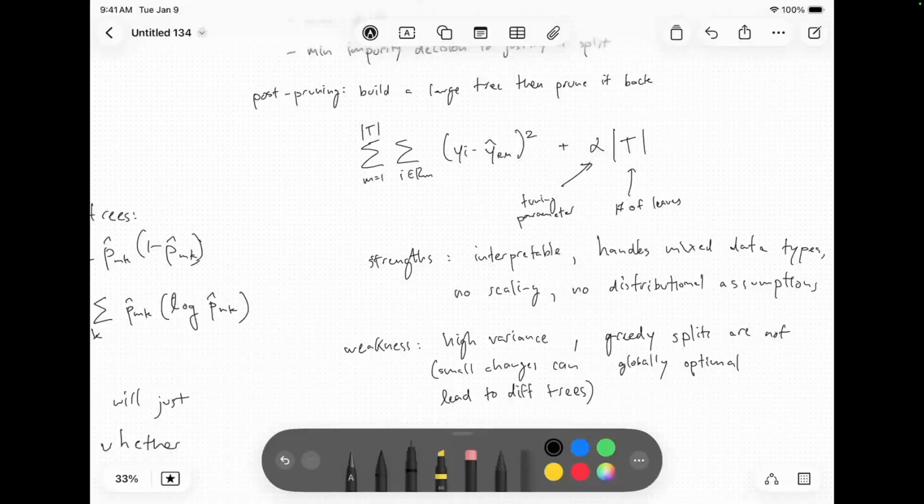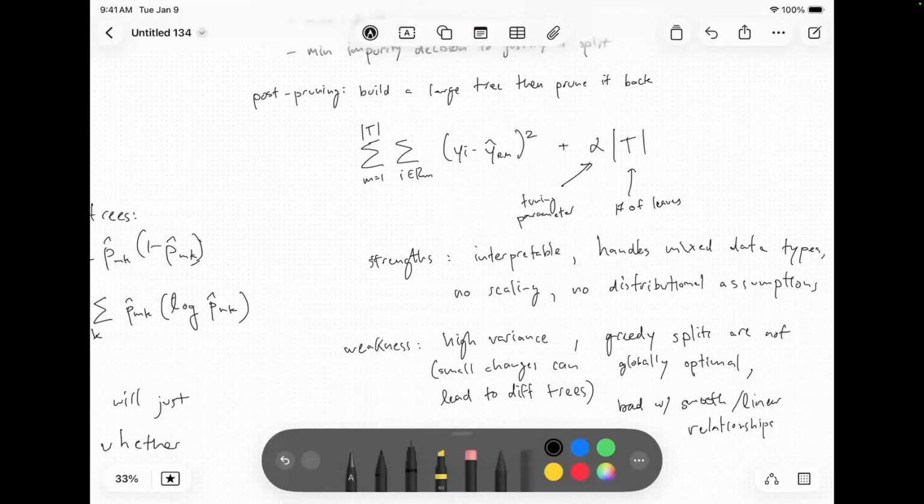And then this is bad with smooth/linear relationships. So imagine the relationship between your x and y is totally linear.